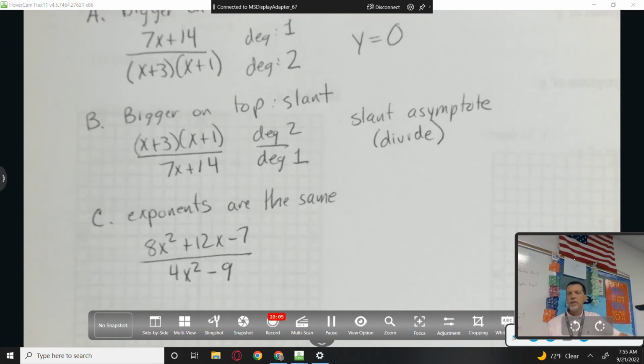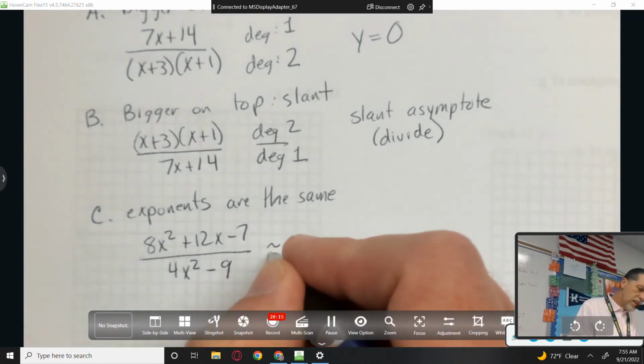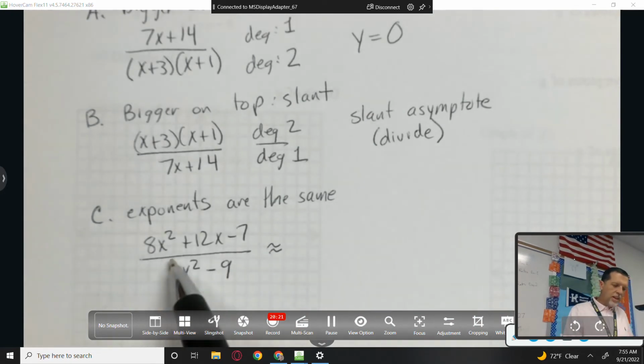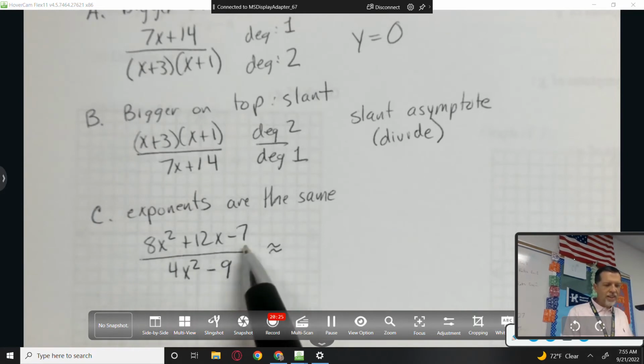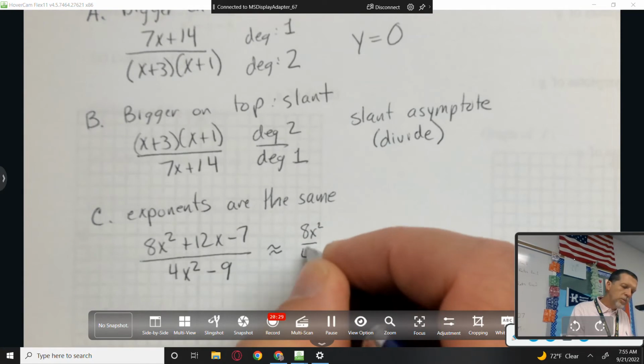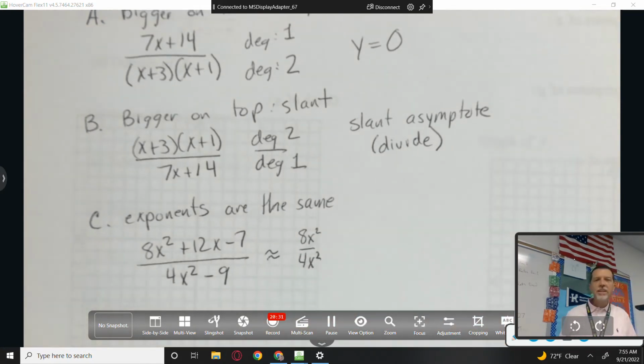And we're trying to think what happens when x gets really, really big. So approximately, when x gets really big, we're plugging in 1,000 or 1,000,000 or probably even 100. The 12x and the 7, they're not going to matter so much. The only terms that are going to matter are the lead terms, so the 8x squared and 4x squared.